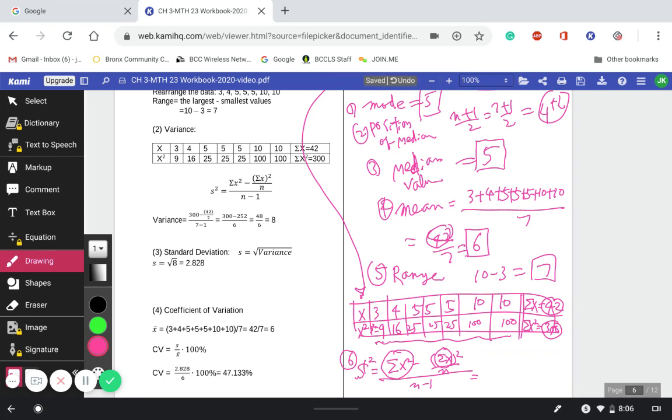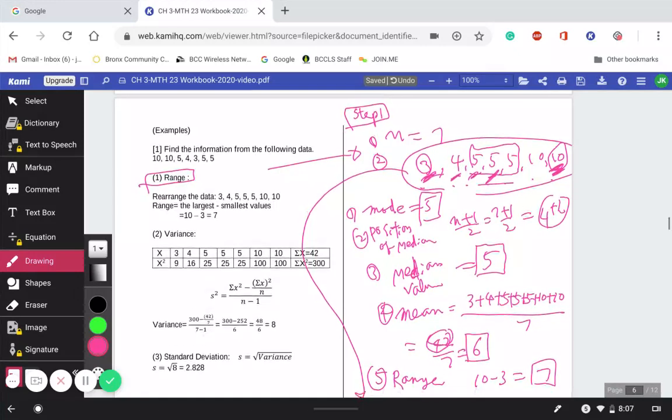So what is the summation of x squared? Here it is, the sum of all the x squared, it was 300. So you substitute 300. Minus the summation of x, which is 42. You're supposed to square it and divide by n. And what was n? n was 7, right?